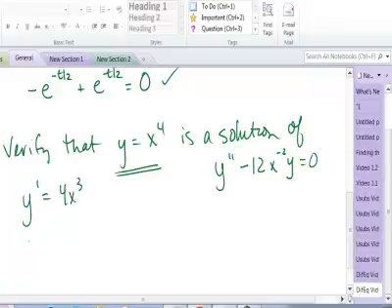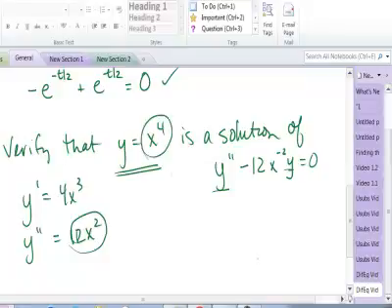We don't need that, we need the second derivative. So here we go again, that would be 12x squared. And so we're going to replace the y double prime with 12x squared and replace the y with the original equation, and let's see if we get 0.